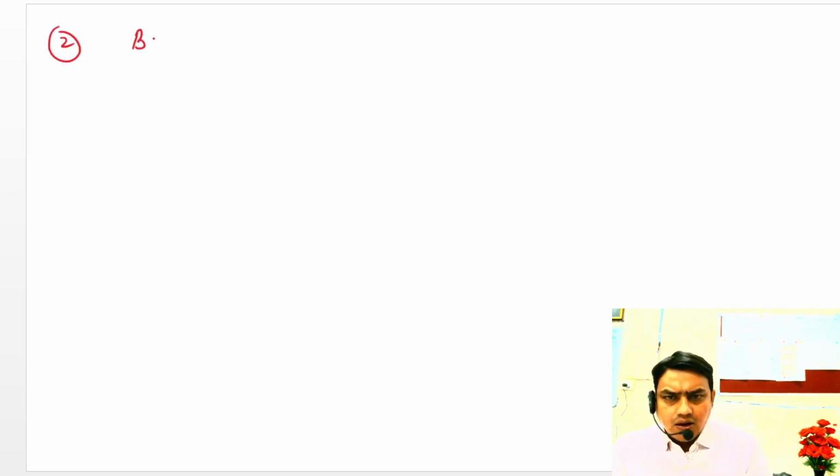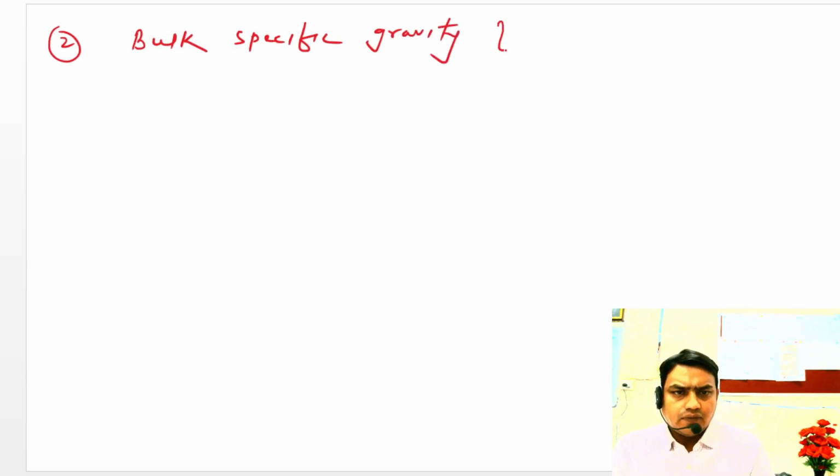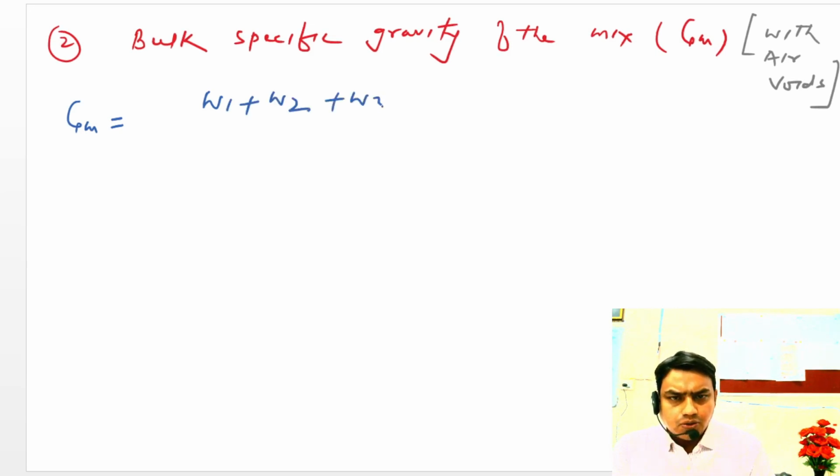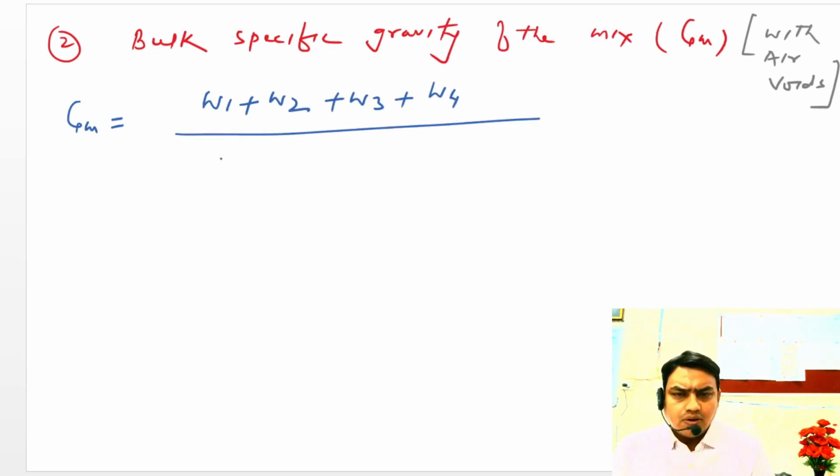Bulk specific gravity of the mix can be computed when we consider the air voids. So with air voids, this is called the actual specific gravity. So Gm can be written as total weight W1 plus W2 plus W3 plus W4 divided by volume.